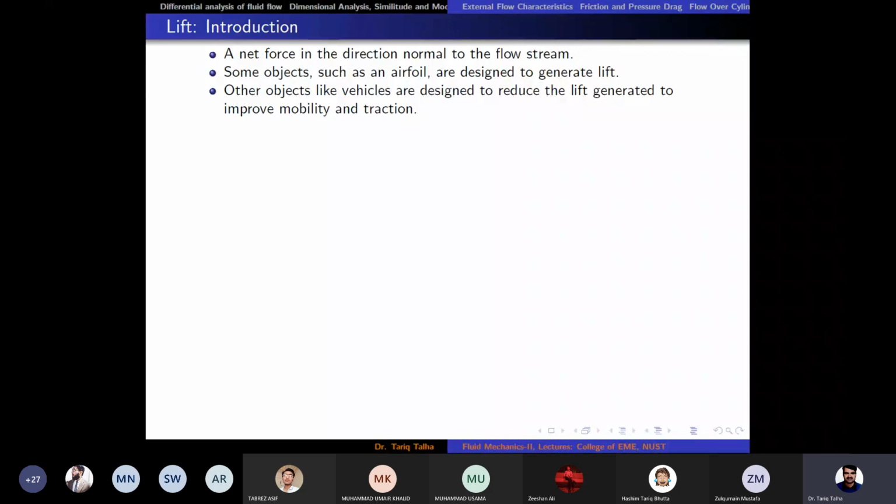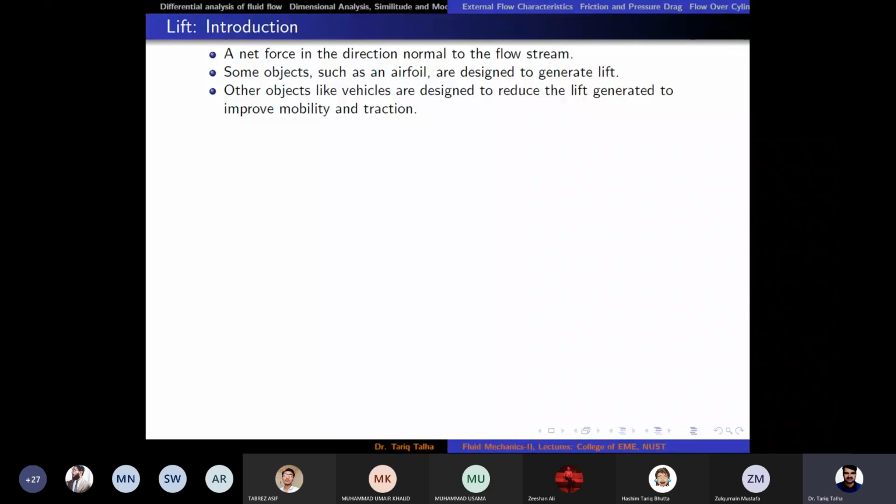So it means that we have got control of that object if it remains bounded to the ground, sticks to the ground rather than jumping on the road. That's where we lose the control of the object. So these are the two things: one is desirable to generate lift and one is undesirable.